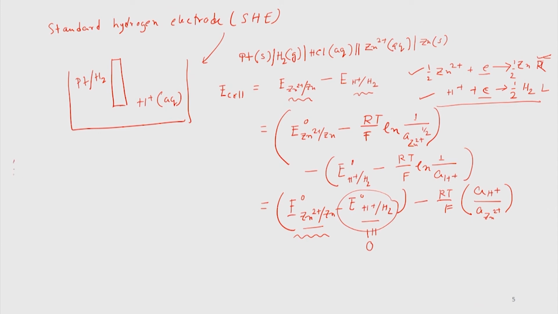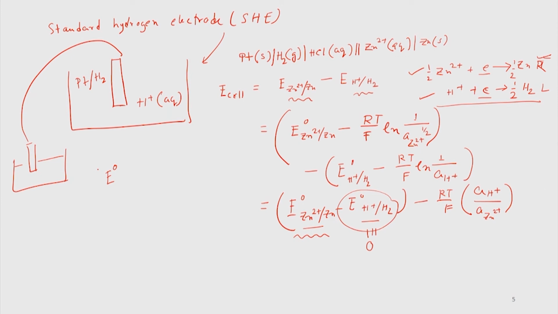So, if you want to measure any metal or any cell's reduction potential, what you have to do is just couple it to the standard hydrogen electrode and then measure the E at standard condition, which means it is E0.